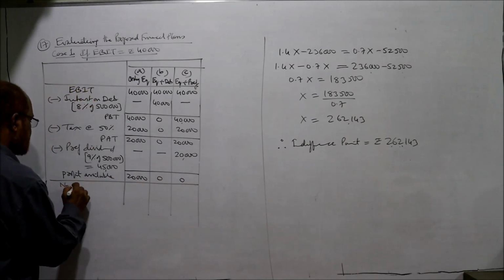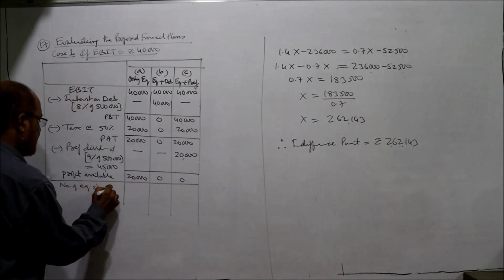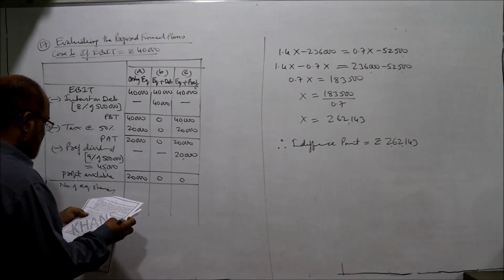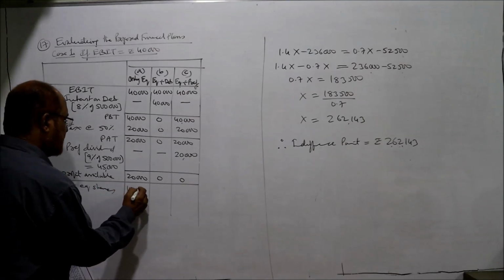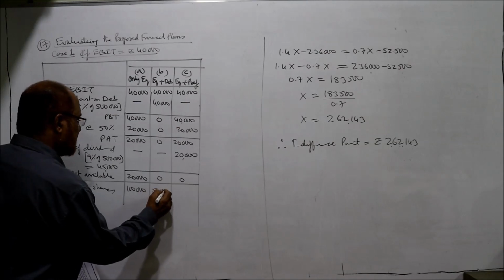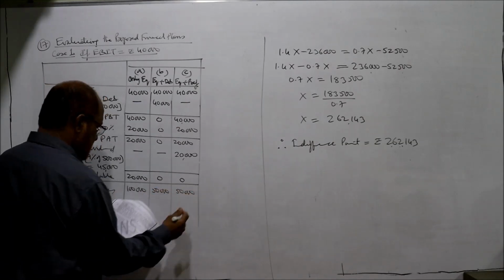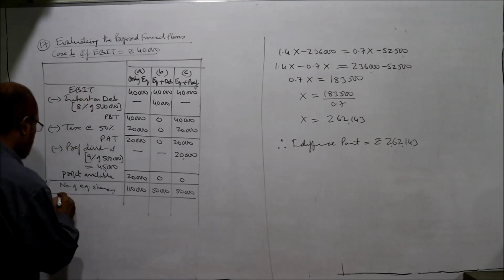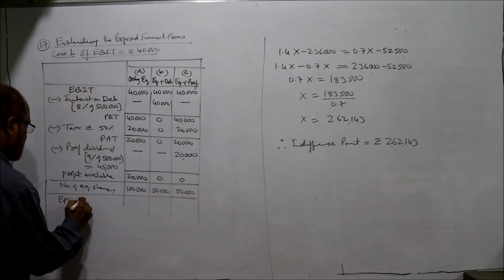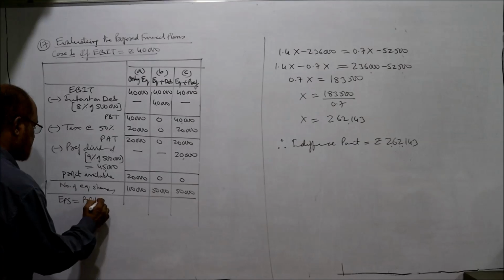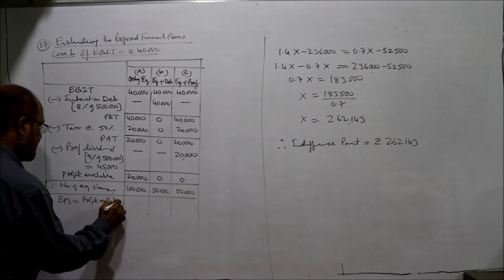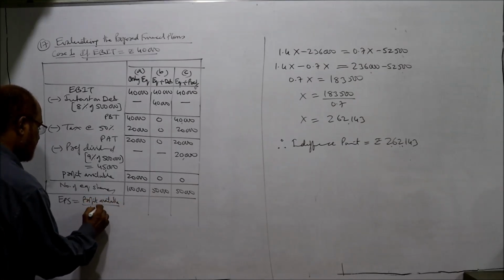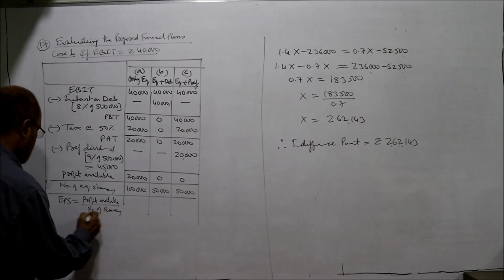Number of equity shares. In the first case, number of equity shares are 1 lakh. Second case 50,000, third case 50,000. Given in the problem. Now EPS is equal to profit available divided by number of shares.